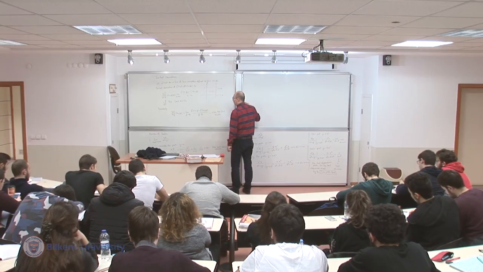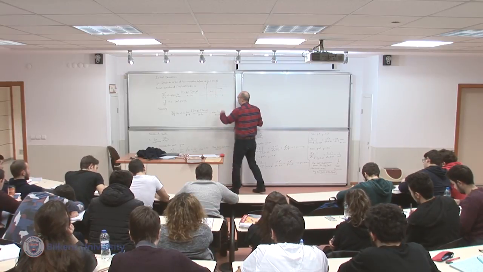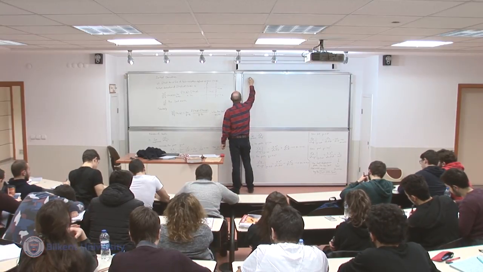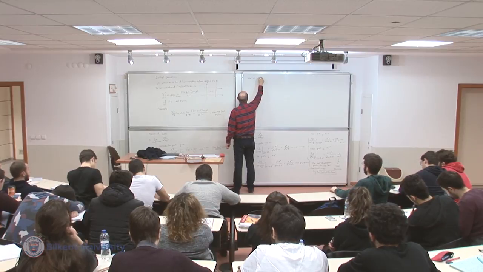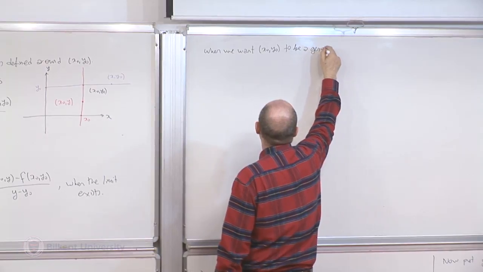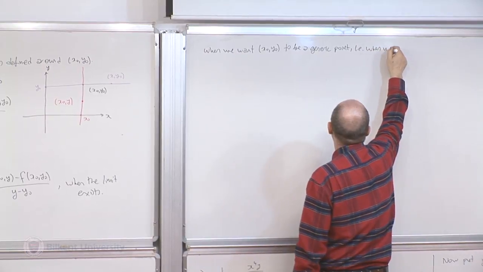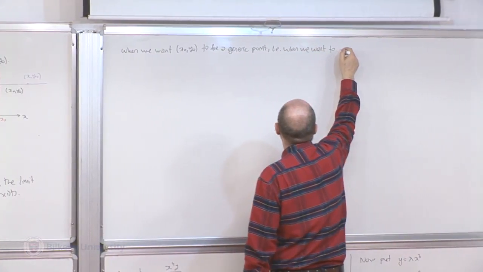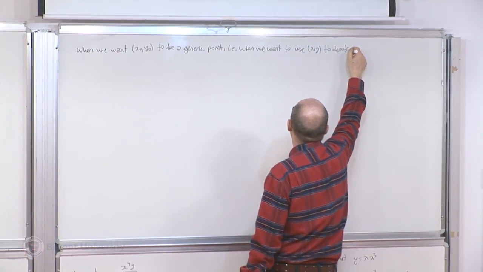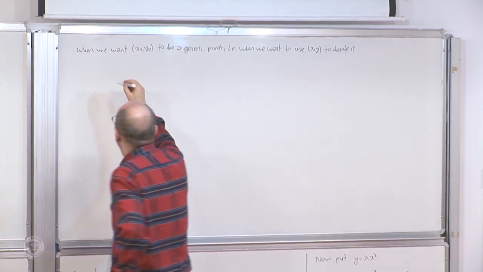Sometimes we want (x sub 0, y sub 0) to be a generic point, that is, when we want to use (x, y) to denote it, then it's just a matter of notation. So we write it like this.